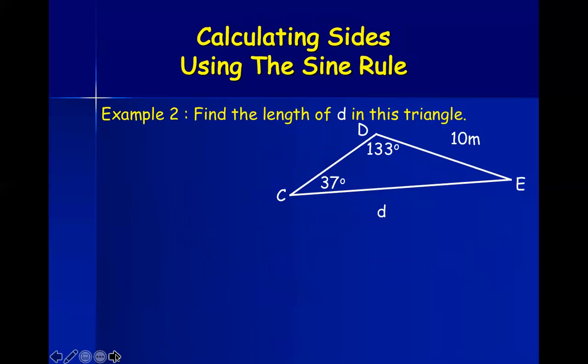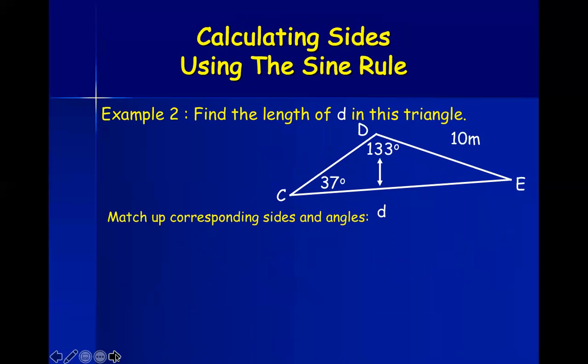No worries. So find the length of D. I'm looking for D. I've got sine D, I've got C and sine C. So you can just decide, okay, what have I got?